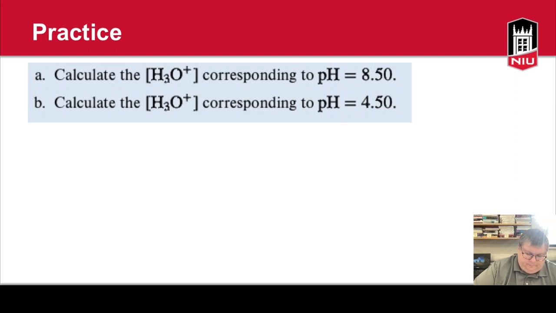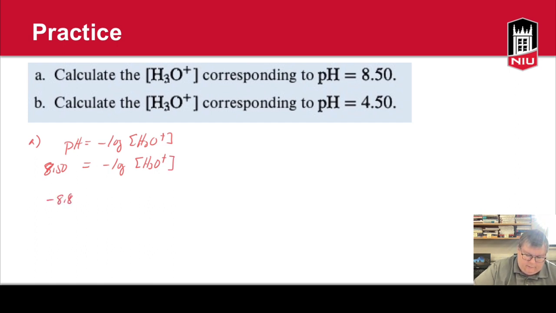So we talked about pH equals negative log H3O plus concentration, and that is equal to 8.50. So this is for part A. Move the negative sign to the other side.